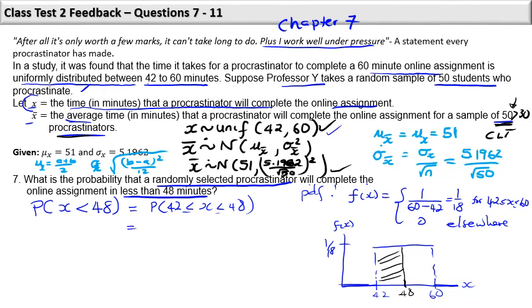So now how do we find that? This is a rectangle. We know the height of the rectangle is 1 over 18. Now the width of the base of the rectangle is nothing but 48 minus 42. So multiplied by the height, which is 1 over 18, and you will agree with me that to 4 decimal places this is 0.3333.